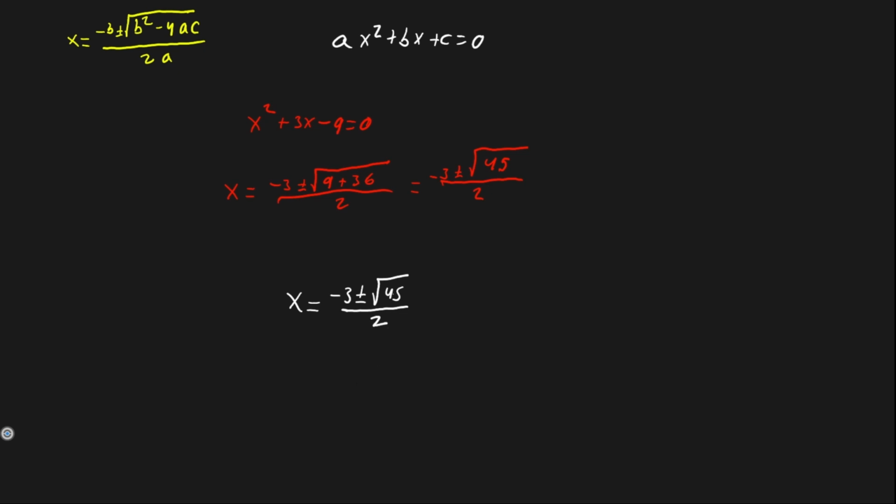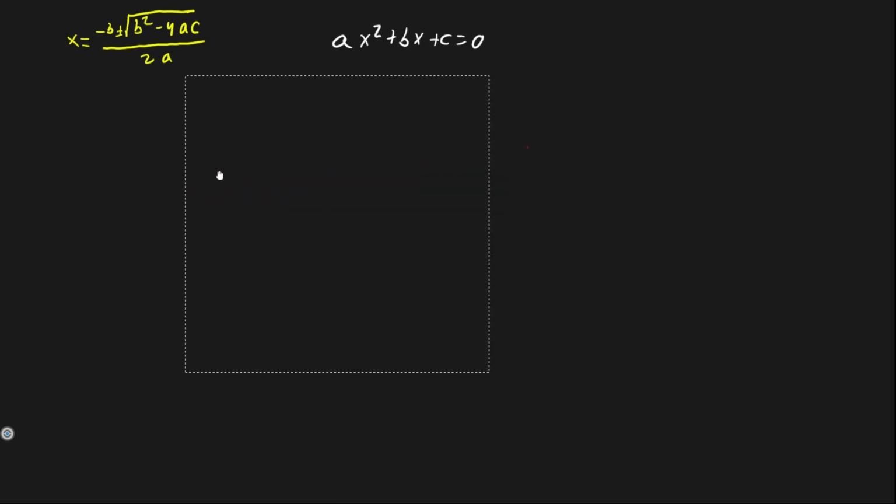So we're going to go ahead and look at the next method, which is called completing the square. And just like we did with getting the formula for the quadratic, that's exactly the same process we're going to follow.